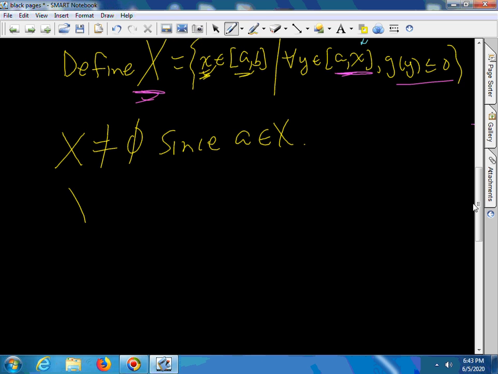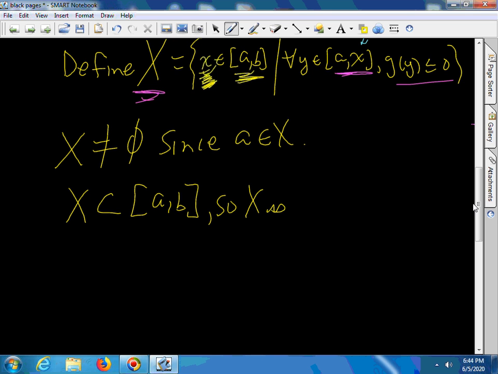And X is in the set AB, because we get the members of X only from that closed interval. It may be every element in the closed interval AB. It might just be a handful of them. But big X is in AB.